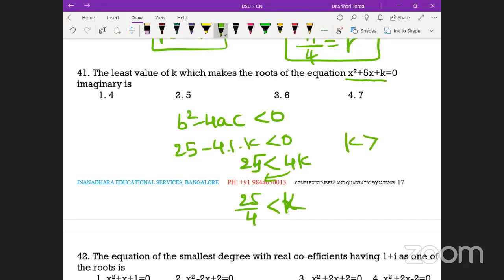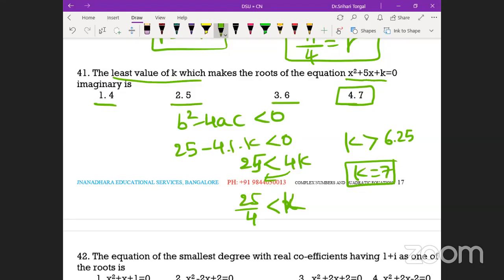K value is greater than, what is 25 by 4? 4 6 are 24. 6.25. Minimum k value must be 7. What is that integer they have asked here? Least value of k. Yeah. Least value of k, that is 7. That must be greater than 6.25. There is no such kind of results here. Greater than 6.25, the only answer is 7. Fourth option, 7. Okay.